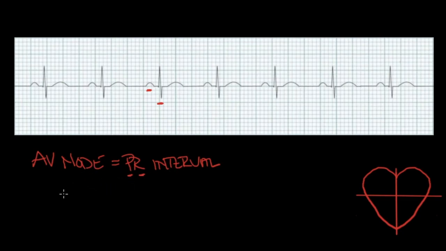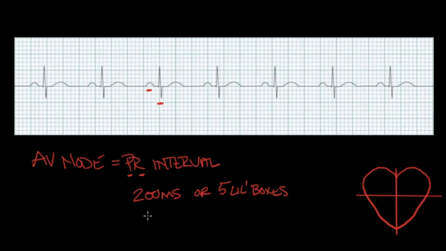Next, I want to make sure that my PR interval is within normal limits. Anything that's larger than 200 milliseconds, or 5 little boxes, is considered extended.